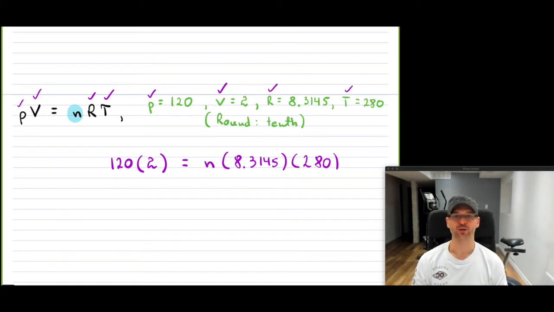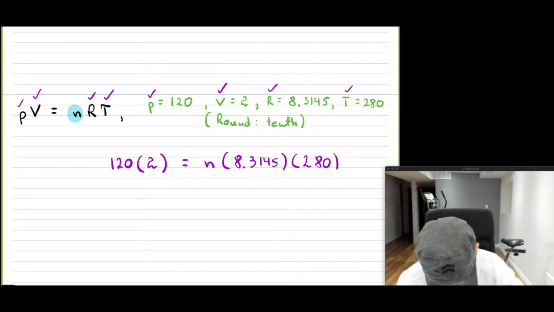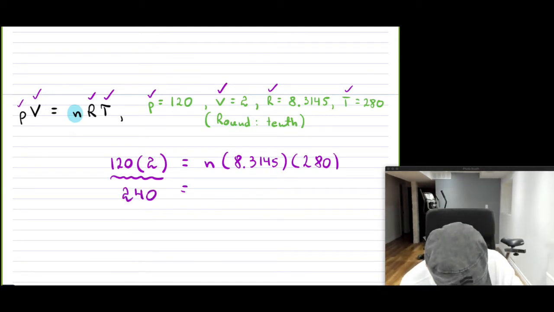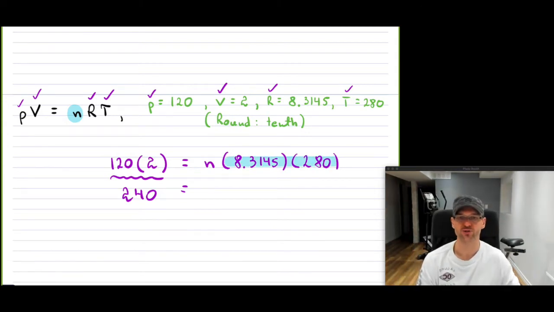Now once I substitute, I will simplify the numbers as best I can. For instance, notice 120 times 2 is just 240. And then here I can multiply directly because they're just two numbers.